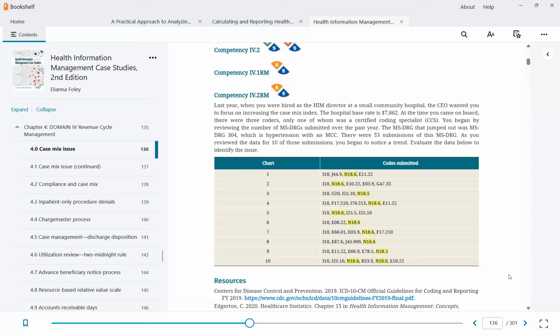But there's a specific guideline. And where this actually impacts reimbursement is that if you don't code this correctly, you're potentially costing a medical center tens of thousands of dollars.